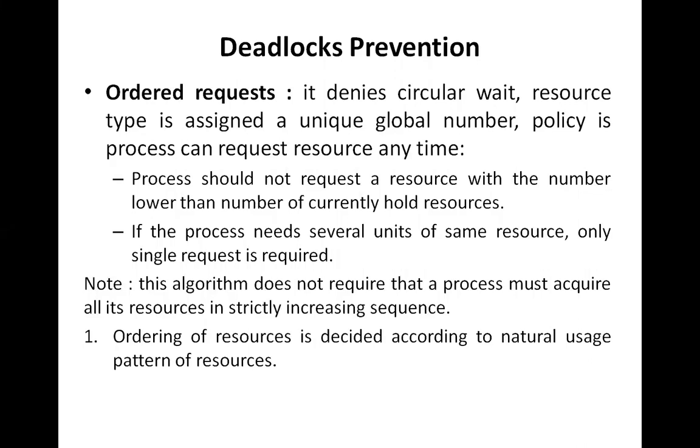This is called the natural ordering. However, this natural ordering depends upon the different types of jobs being executed in that particular system, so the numbering must be decided before the execution starts, before the requests are made by the different processes.